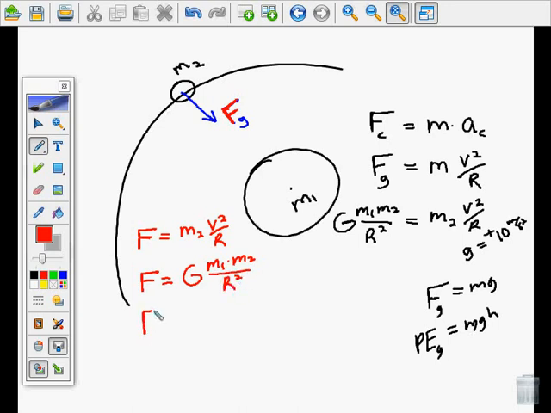And that force is also equal to m2 times the acceleration due to gravity out there. Since those three are equal, you could choose to set any two of these right-hand sides equal to each other. I just memorized those three force formulas for a planet orbiting another star or something.